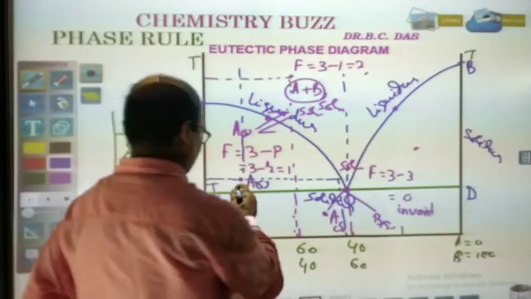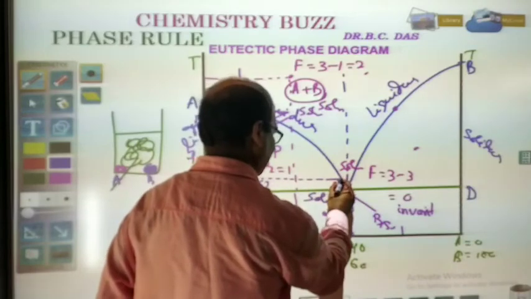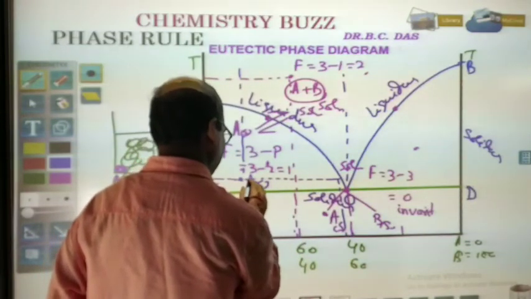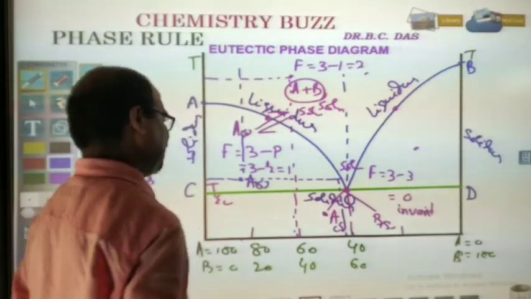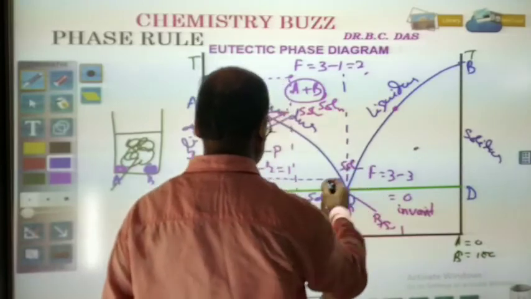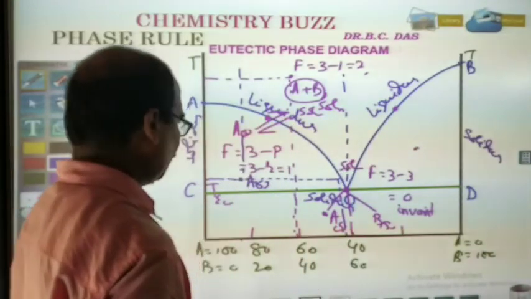So solid A, and this point is correlated to this point, so at this temperature there are two phases, that is solid A and the solution of A and B. So there are two phases, and it is also monovariant.